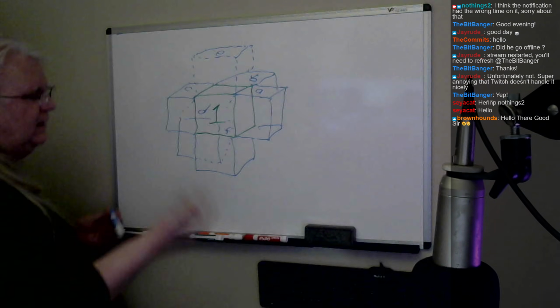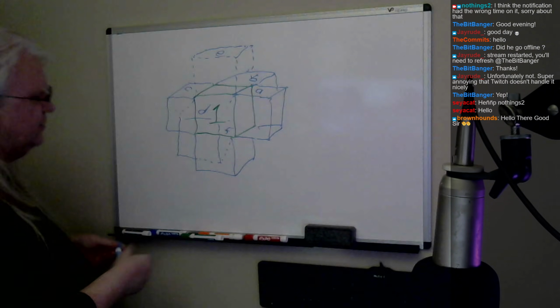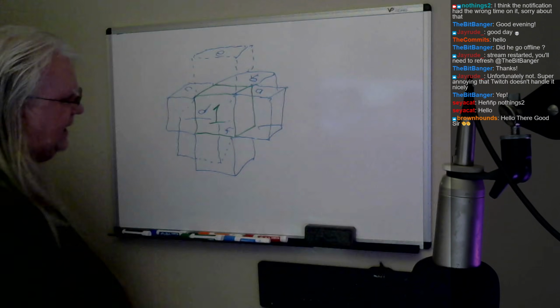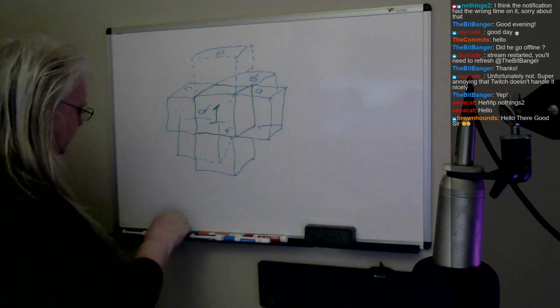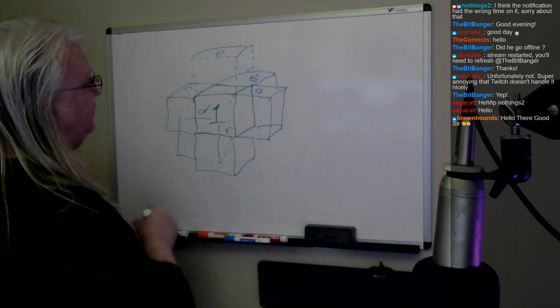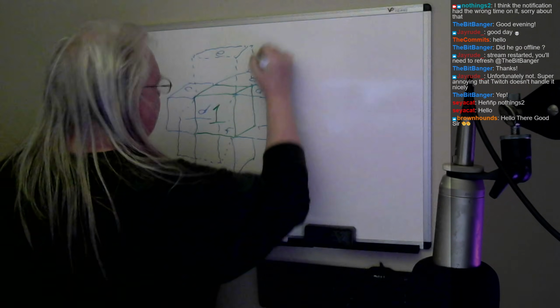Then we want to mesh it. We want to create a corresponding mesh. Okay, I'm going to erase that. I just wanted to establish that, so I can write out what the math is for that.